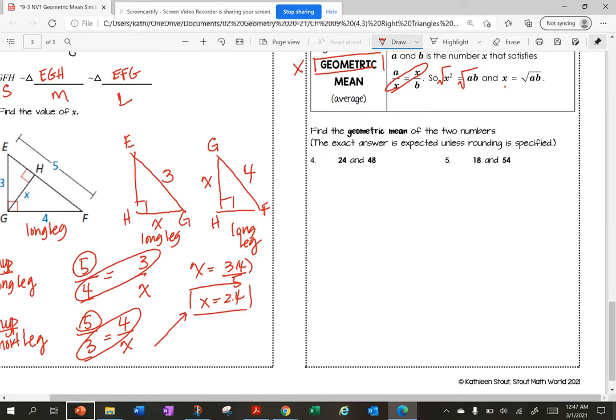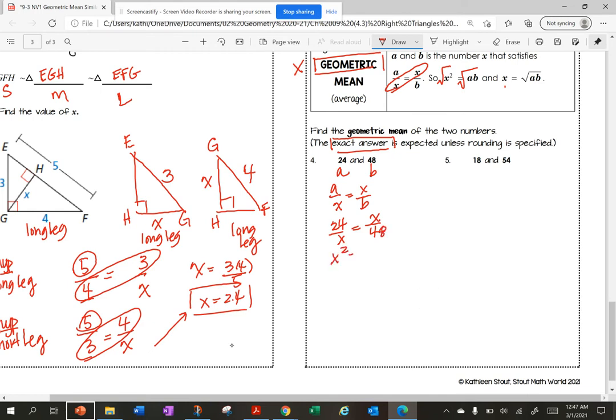I find the geometric mean of 2 numbers, and I want an exact answer, not rounded with your calculator. Here my first number is A, my second number is B. So I set this up as A divided by X equals X divided by B. So A is 24, divided by X equals X divided by 48.